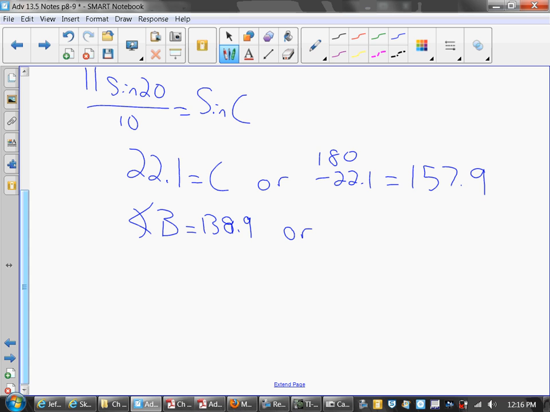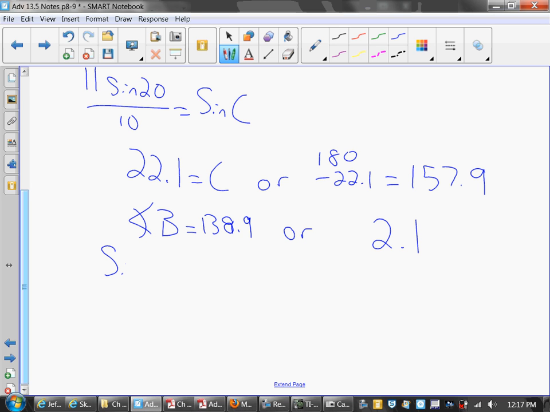Or if I use 157.9 for angle C, that means angle B winds up being 2.1. If angle C has two possible values, that means angle B has to have two possible values. Yay! So now all you have to do is figure out what the two possible sides for B are.